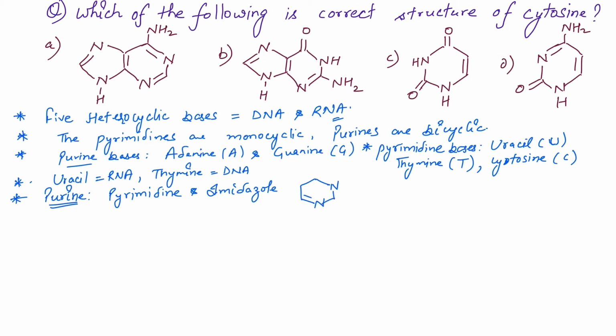Now pyrimidine is again an aromatic heterocyclic compound. This is the structure of pyrimidine. Now imidazole is a white or colorless solid that is basically soluble in water, and this is the structure of imidazole.